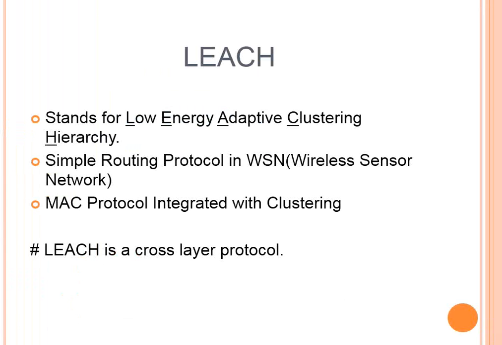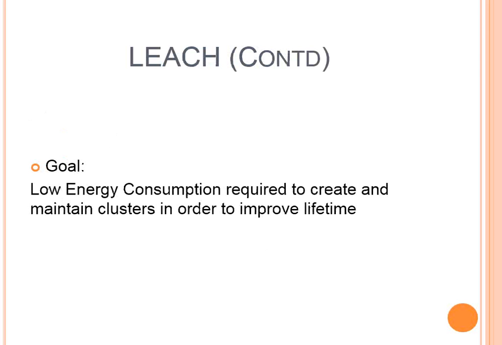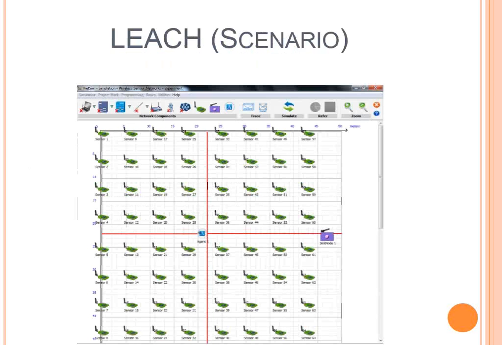That is, the clustering is implemented in the network layer, and from the lower layers, the remaining power property is taken. This I'll be explaining later. The goal is to lower the energy consumption required and thereby improve the lifetime of the sensors. What I'll be demoing now is around 64 sensors with 4 clusters, that is each cluster containing 16 sensors.